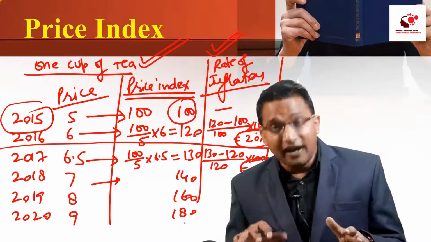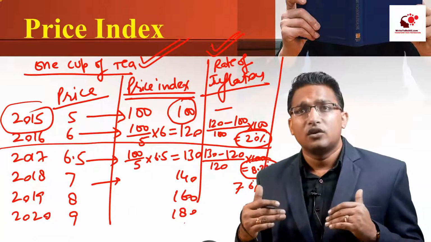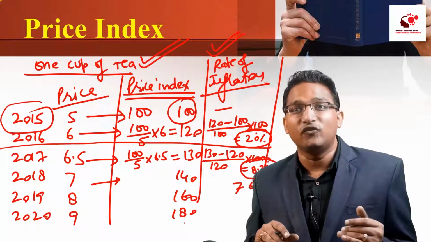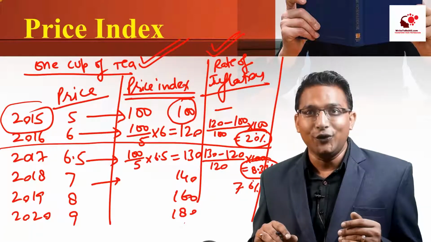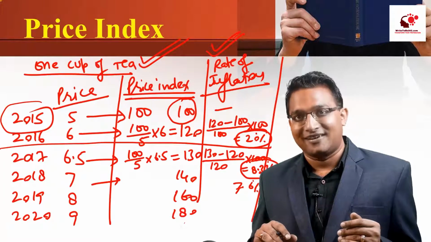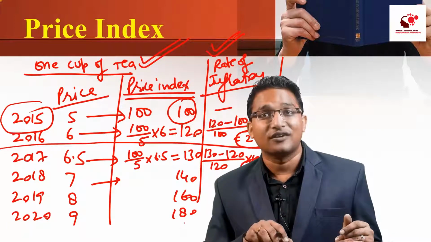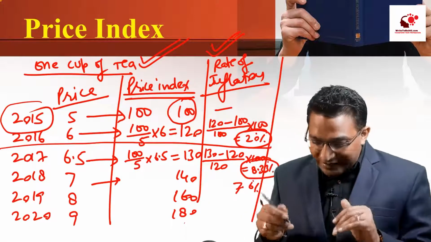Now I am going to take this discussion to the next level. I am going to touch the concept of base year or base effect, right? So just manage for a couple of minutes, right? So now please see here.